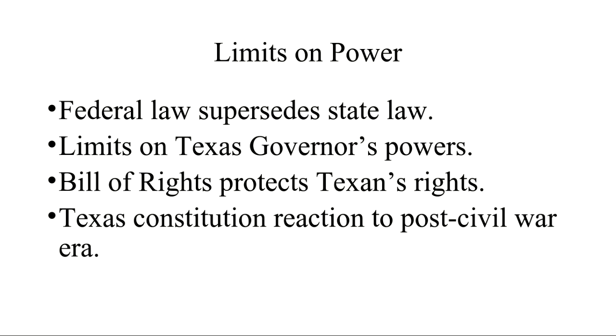We have to. So if Congress passes a law or the Supreme Court makes a ruling, it will supersede state law. Brown versus the Board of Education in 1954 overturned state segregation laws in schools. So Texas had to comply and desegregate schools in 1954.